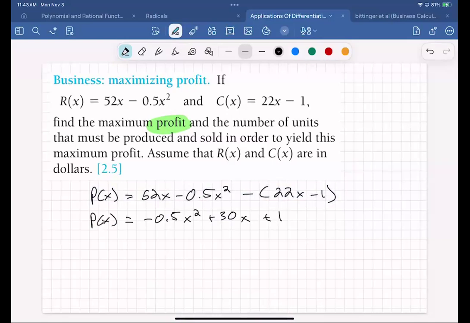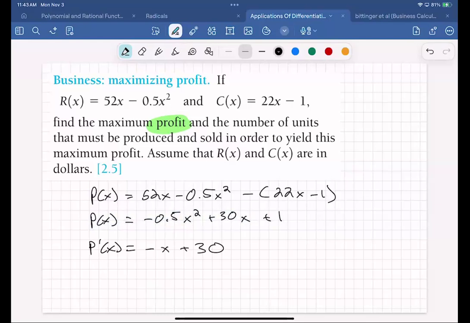Now, in order to find the maximum profit, what do I need to do to this function? How do we find maximum values of a function? We're going to take a first derivative, right? Once we get my first derivative, I'm going to then be able to go find those critical points. And be careful, that 1/2 doesn't seem nice, but when we take the derivative, 2 times 1/2 is just 1, right?